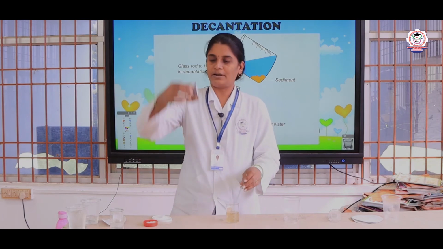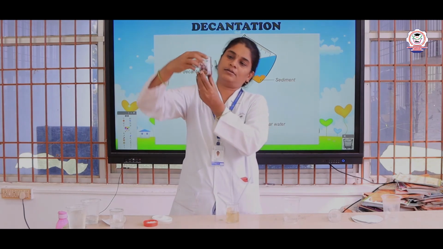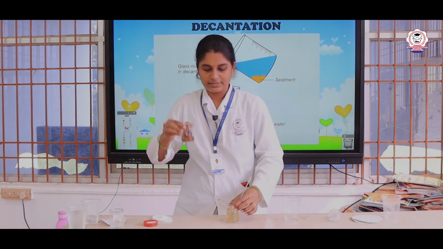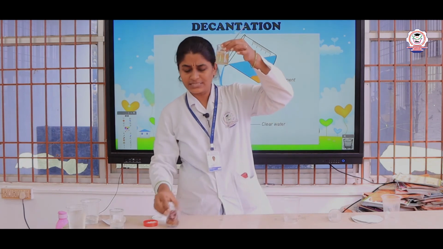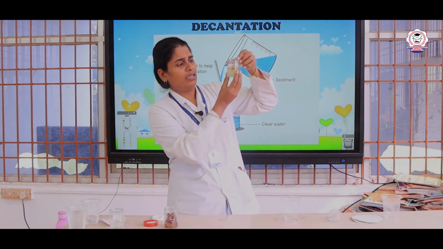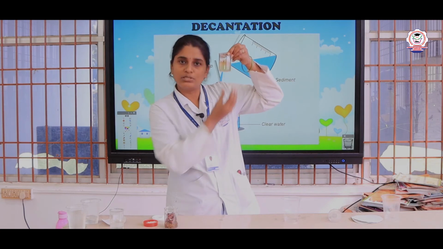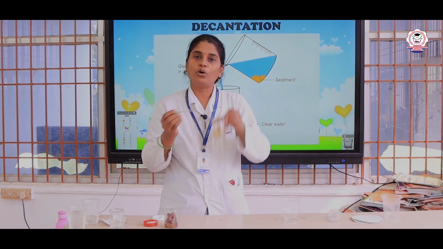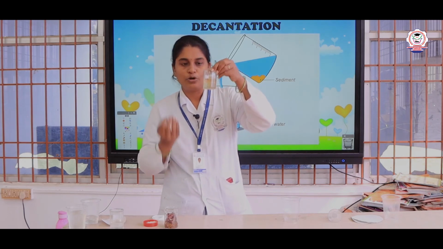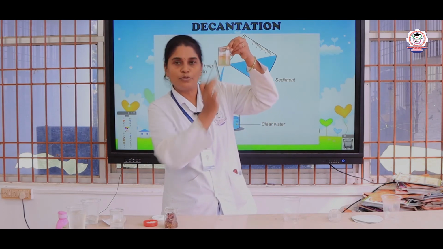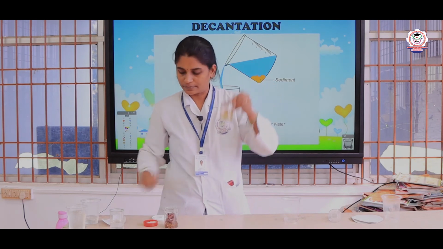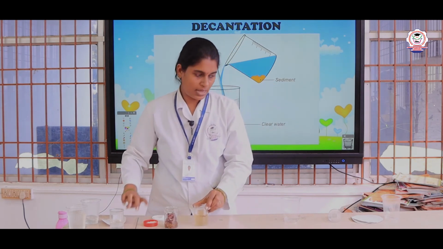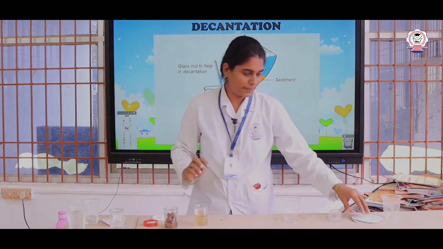Now I have separated the impurities and the water, but still the water is impure. We cannot use this water. So, I am going to filter this water to remove the impurities which are present in it. For this I need a filter paper.